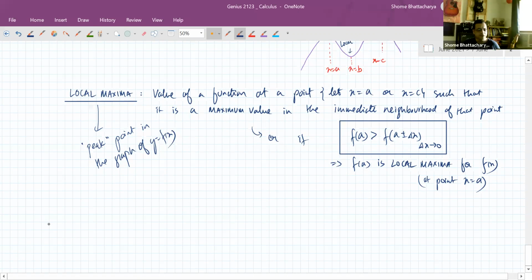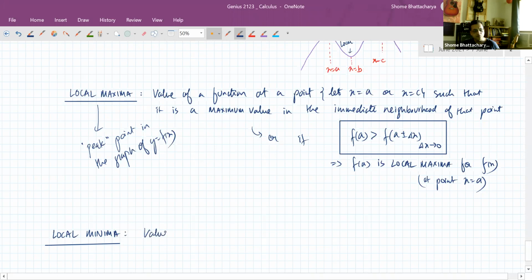So similarly, the definition of local minima becomes just the reverse of this. If at a given point, the value reaches a temporary dip instead of a peak, then this inequality will just be reversed. Rest, everything will remain the same. So local minima of a function, what is it defined as?